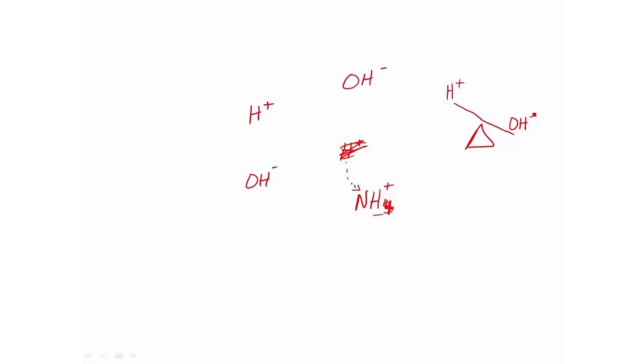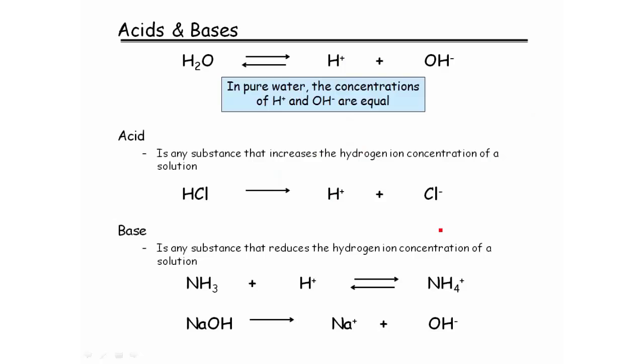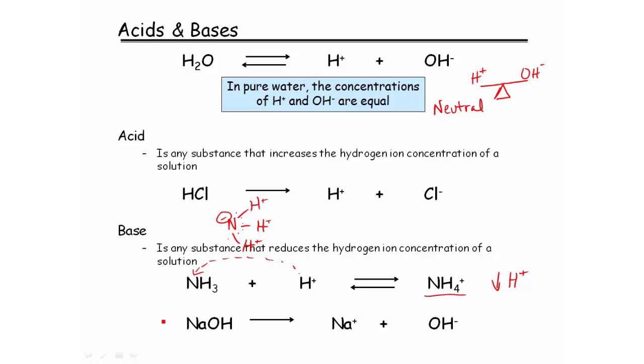So one way that a base can operate is by taking the hydrogen ion concentration down, so they can decrease the hydrogen ion concentration. If they do that, then that is going to tilt the scale to be heavy on the hydroxide side. Another way that they can operate, as we see in this second base example, is that sodium hydroxide operates by increasing the hydroxide ion concentration.